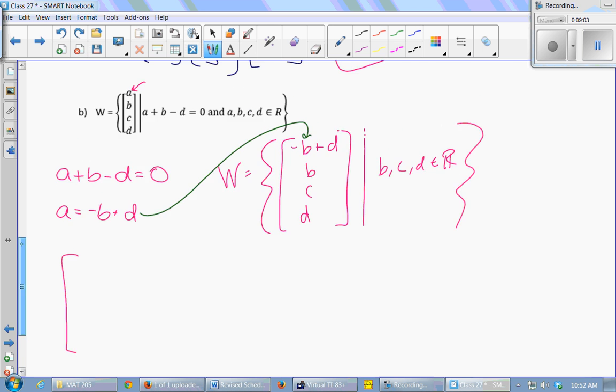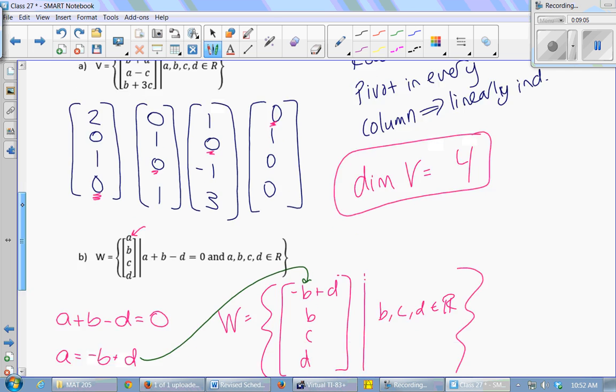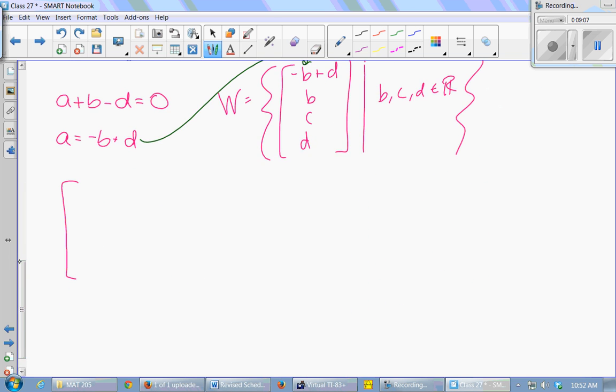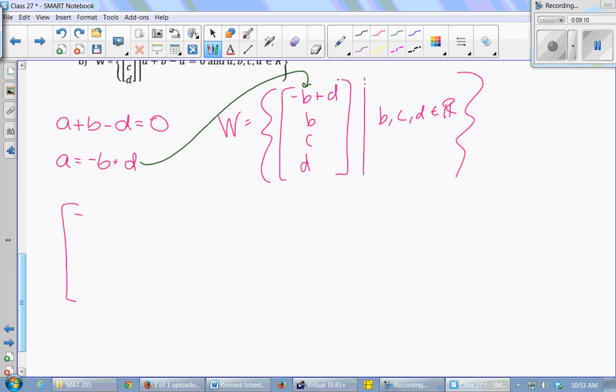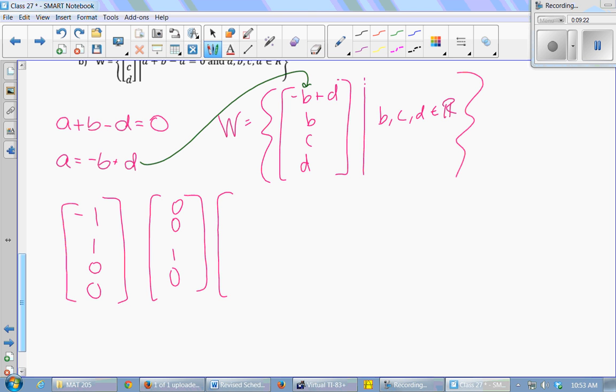Do the exact same thing you did in the previous problem. I'd have negative 1, 1, 0, 0. That would be my vector that has the B as the weight. Then 0, 0, 1, 0. There we go. There's my spanning set for W.